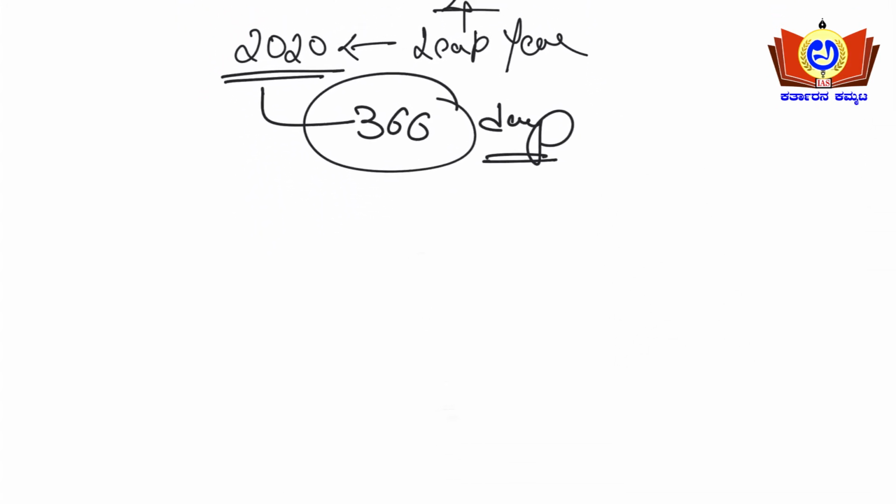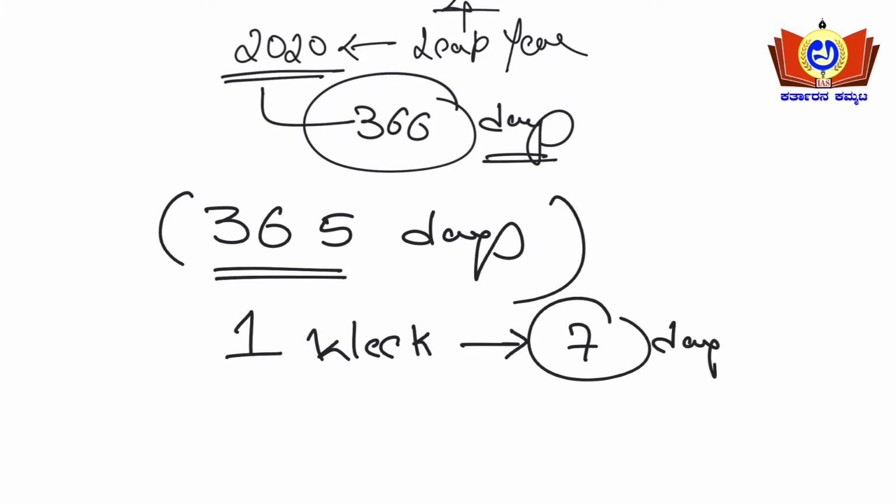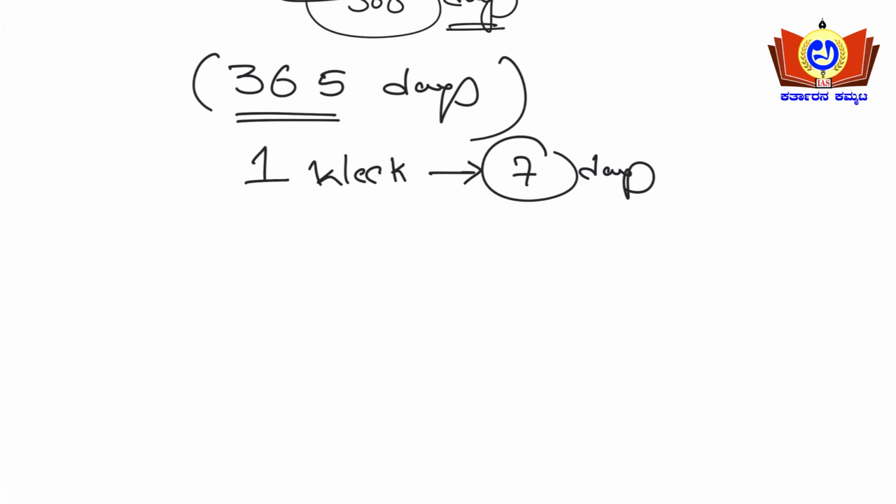In a normal year, an ordinary year, how many days will be there? 365 days. Yes or no? And in 1 week, how many days will be there? There are 7 days in 1 week. So out of 365 days, how many weeks will be there?